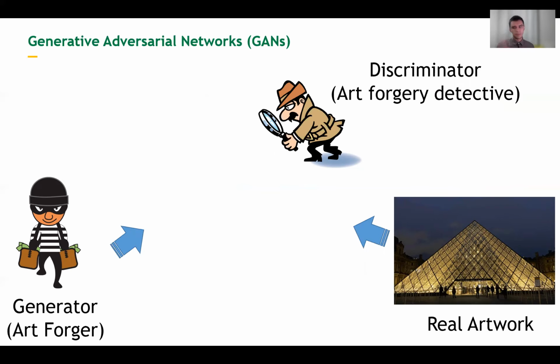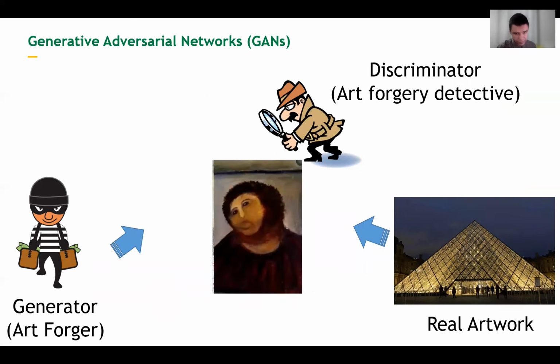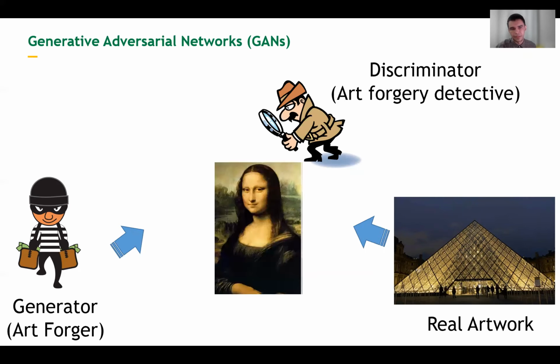At first, the discriminator learns fast. It's easy to know because the generator produces poor results when compared with the real artwork. So it's easy to know if it is fake or if it is a real one.